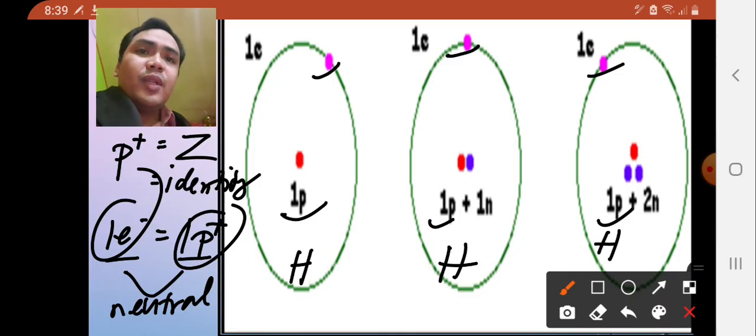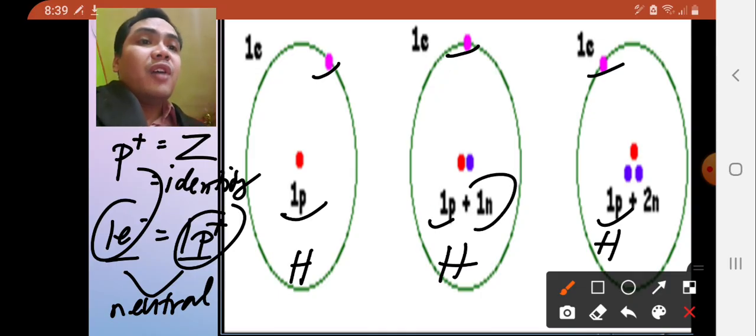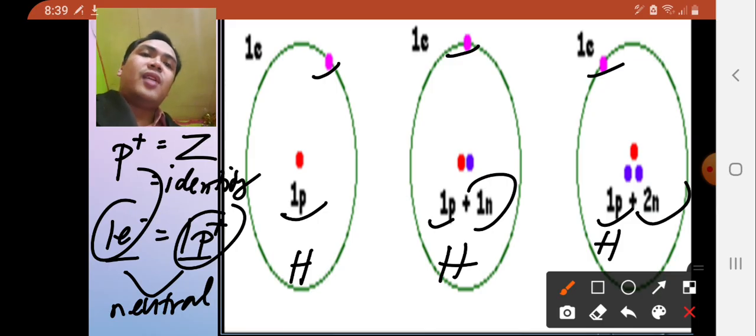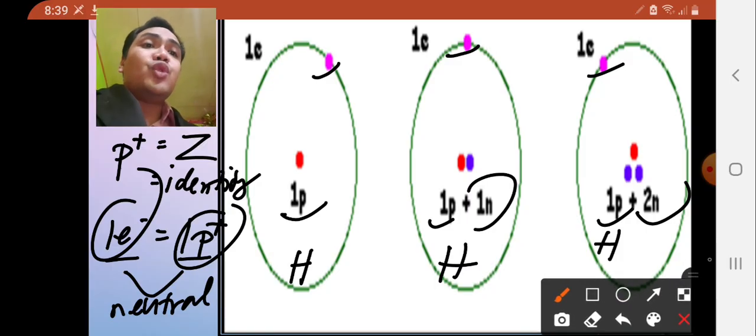However, let's take a look with the difference. So it is very apparent that in our examples for these illustrations, these three atoms really differ in terms of the number of neutrons. Okay, so the first hydrogen atom has no neutron. Okay, on the other hand, the second atom of hydrogen consists of one neutron, and the third hydrogen atom consists of two neutrons.